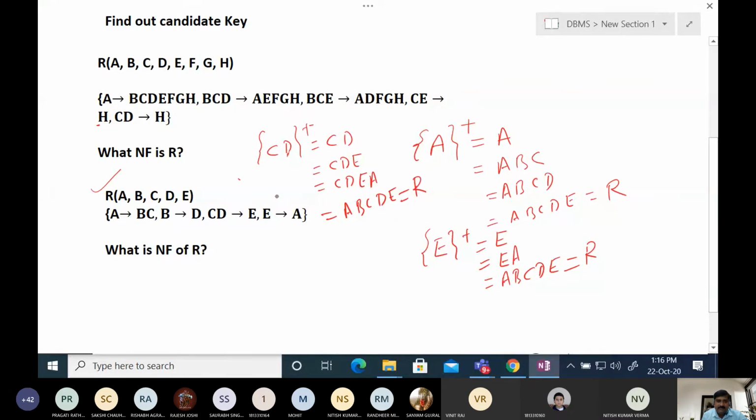Then another candidate key, CD is a candidate key. Then let me know. Sir, is there nothing else? Sir, you are not audible.